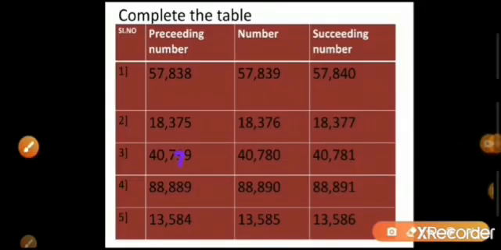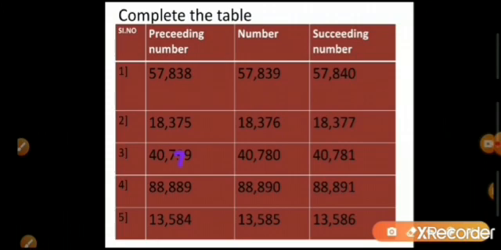Children, now we solve the sixth main, complete the table. Already they have given the number here, so that number we write in the preceding and the succeeding number. Preceding means previous number or back number. Preceding means whatever the given number, from that number we subtract 1, then we get the answer, that one we call the preceding number.